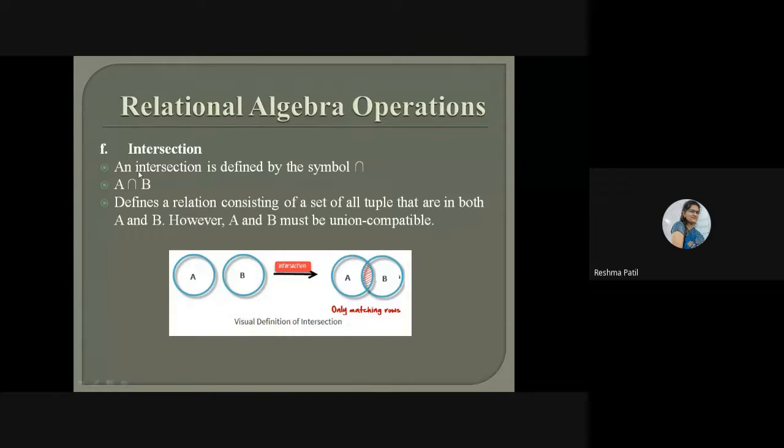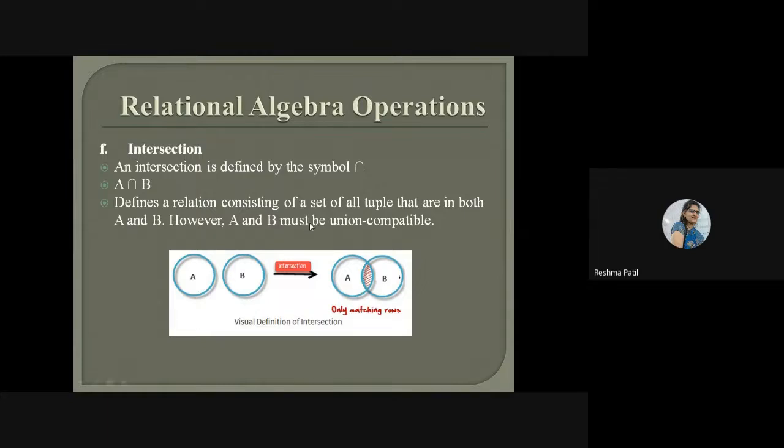So an intersection is defined by using this symbol, a reverse U. We can represent this type of operation like your first relation A intersection B. It defines a relation consisting of a set of all tuples that are in both A and B. It will define the relation from both tables which are common in both.